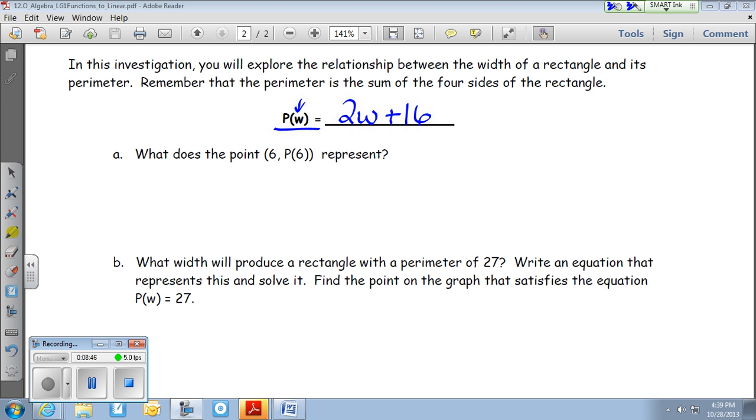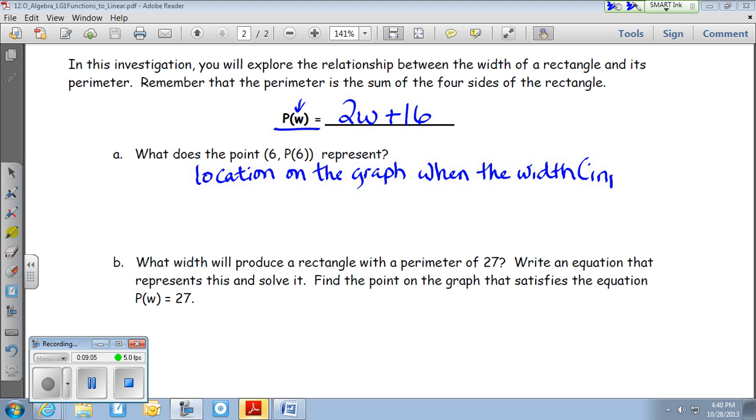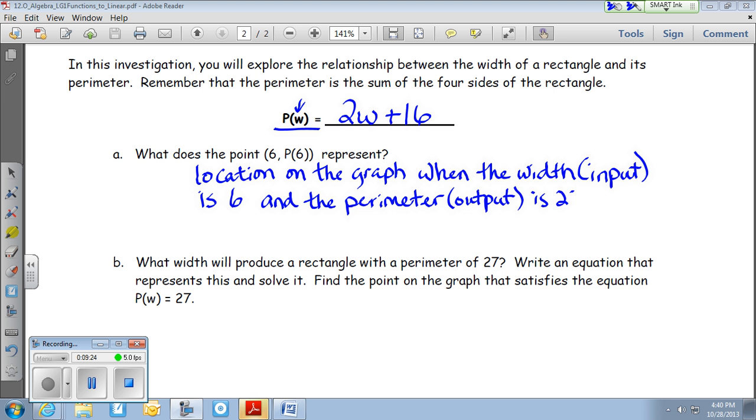All right, I'm going to say that the point 6 and P of 6 represents the location on the graph when the width, which is the input, is 6, and the resulting perimeter, which is the output, is 28.